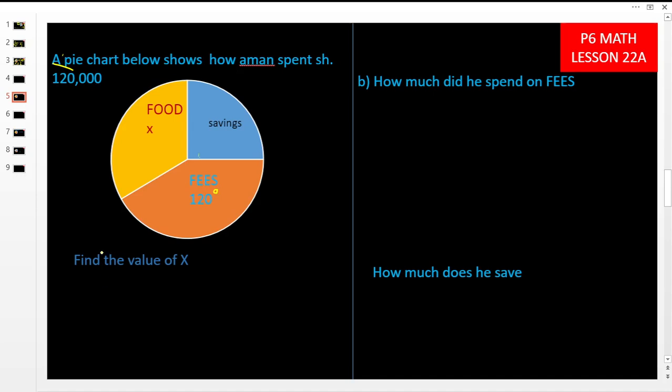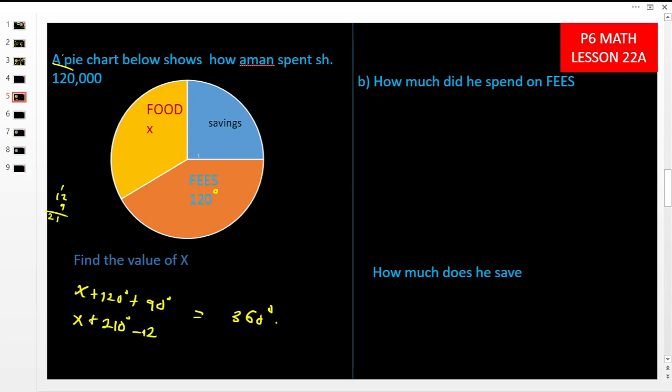Okay, so we are getting X plus 120, then plus our 90 degrees is giving us 360 degrees. So X plus 120 plus 90, 9, 10, 11, then this is 210 degrees.